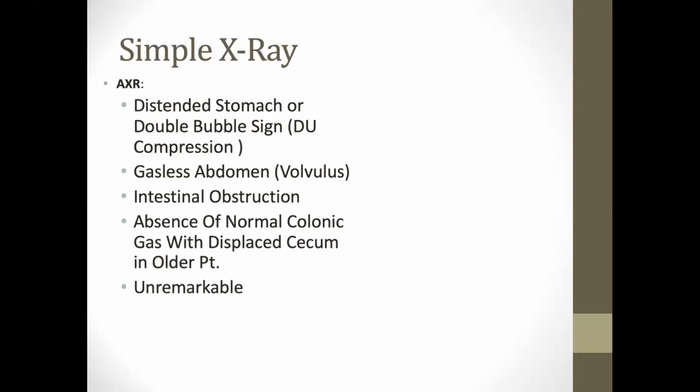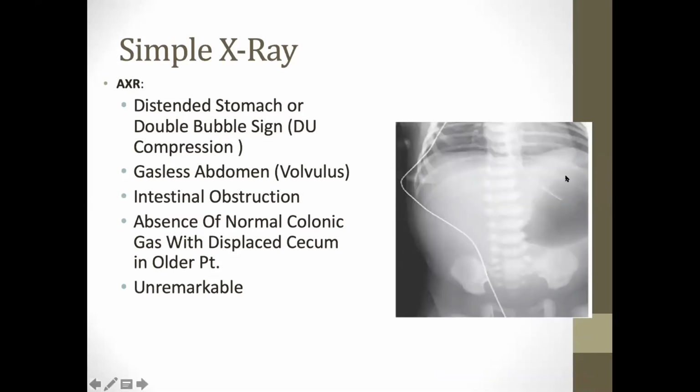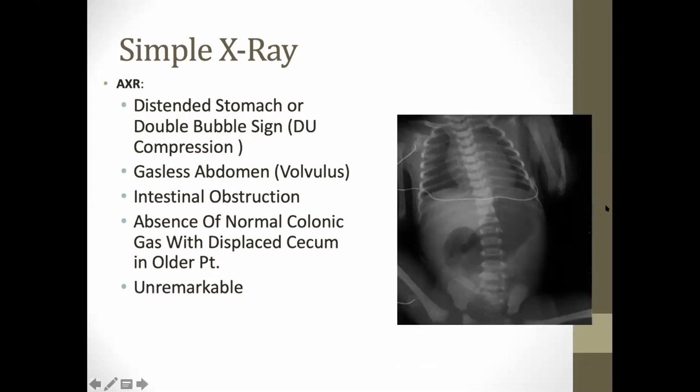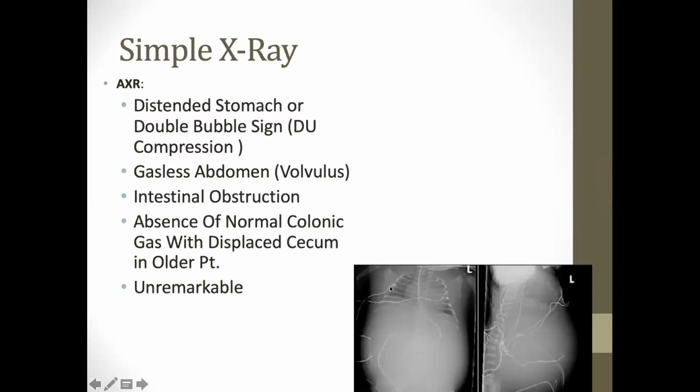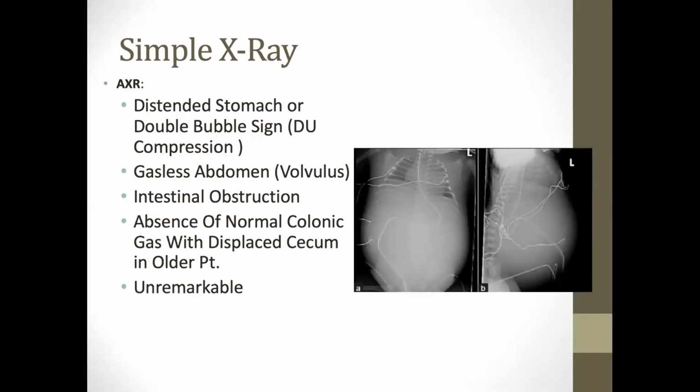Radiology: the classical presentation of malrotation is bilious vomiting with upper intestinal obstruction. So we can see a dilated stomach with paucity of gas distally, or a double bubble sign with paucity of gas distally. If volvulus happens, the bowel will be filled with fluid and dilated, and we can see a gasless abdomen.